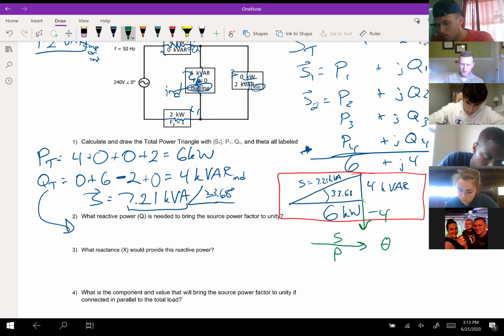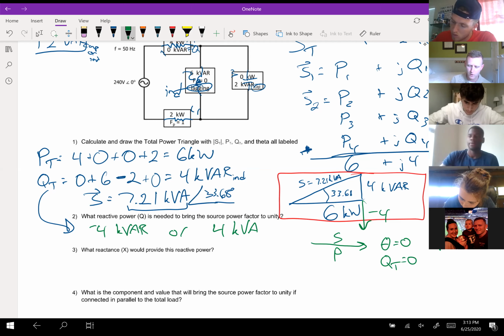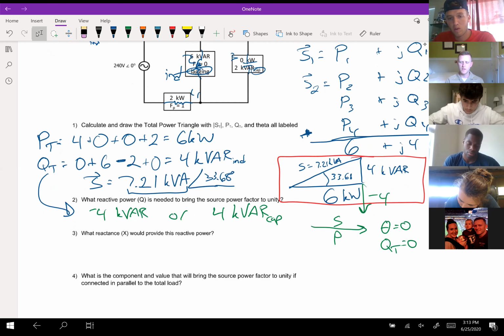My theta will go to 0, my Q total will go to 0, and my power factor will go to unity, right? So we're adding in a -4. So the two ways to write that, you could either write -4 kVAR, or usually how I write it is 4 kVAR, lowercase cap, telling me it's capacitive. And so that capacitive will cancel out the inductive that was in the original power triangle.